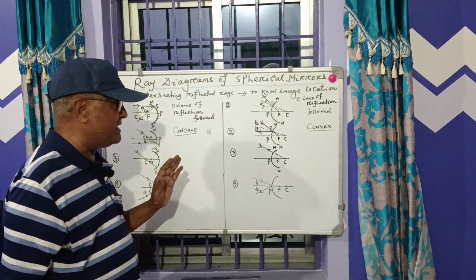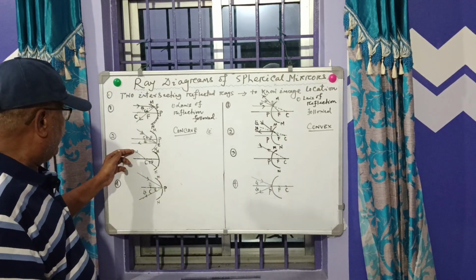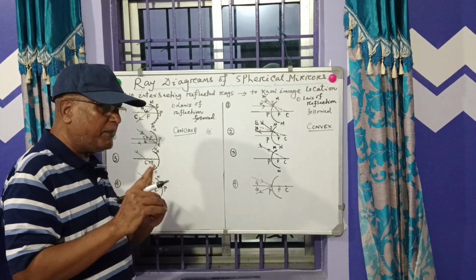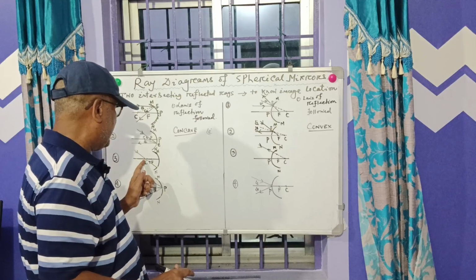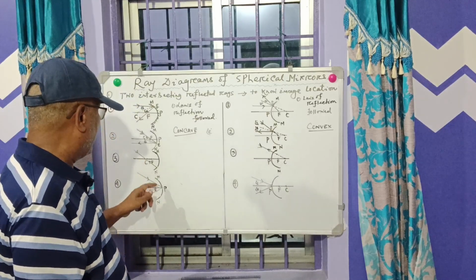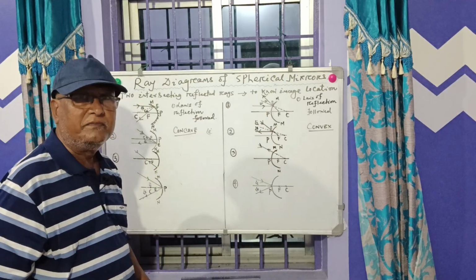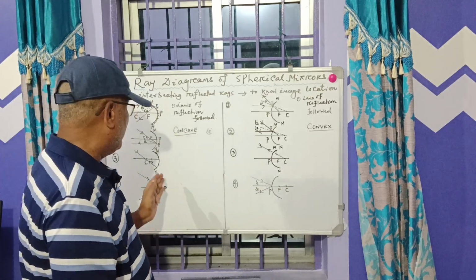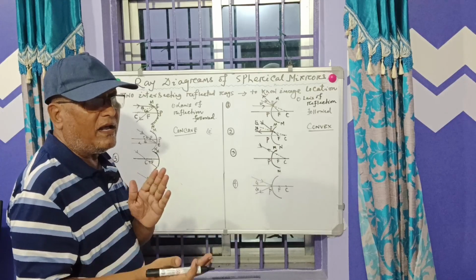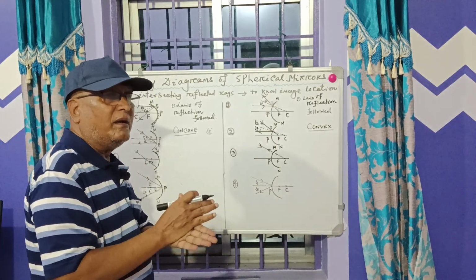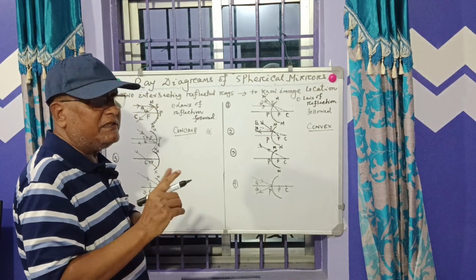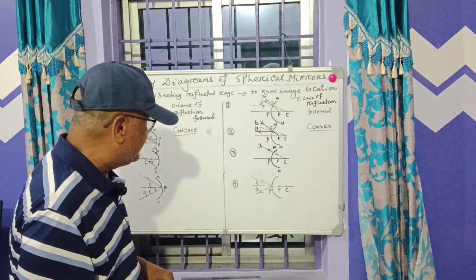Come to the situation, the case number 3. This is very important. Please remember, a ray passing through the center of curvature, you see center of curvature, after reflection returns back along the same path without a deviation. So angle I and angle R coincide with each other. So here that means the angle is 0, no angle is formed.